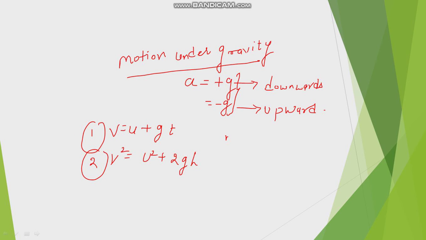The third equation is s equals ut plus half gt squared. These are the three equations of motion under gravity when the body is thrown downwards, where a is taken to be positive g.